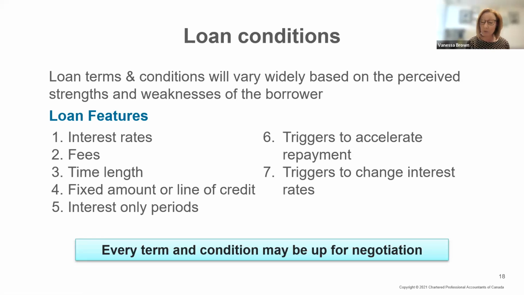And then these usually have some kind of a term to the agreement where you can go back and renegotiate. So if you're in a startup mode, you might ask for a longer time length. And then when that term is done, I'm thinking long-term financing, where you have maybe a long-term financing arrangement where all of these interest rates and all of those types of things can change every 5 years. You may renegotiate something different when you're in a different cash flow position.